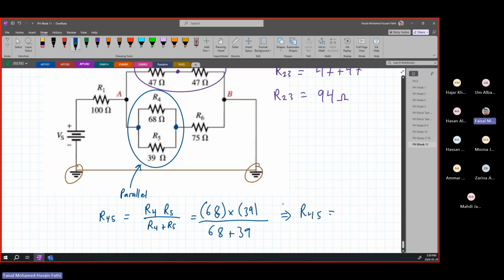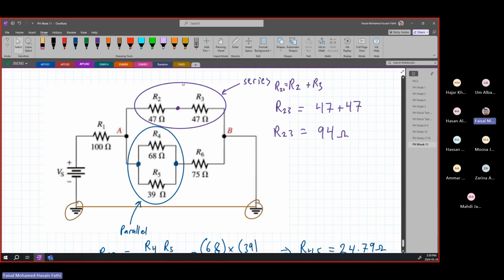If you put it in the calculator, 68 times 39 divided by 68 plus 39, this is going to give us a value of 24.79 ohms.